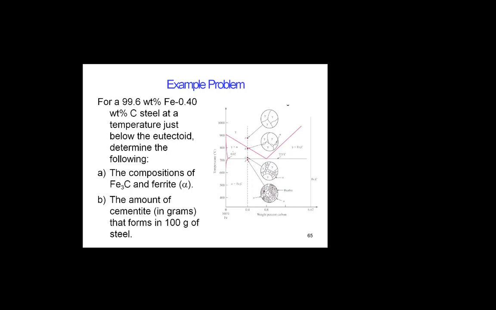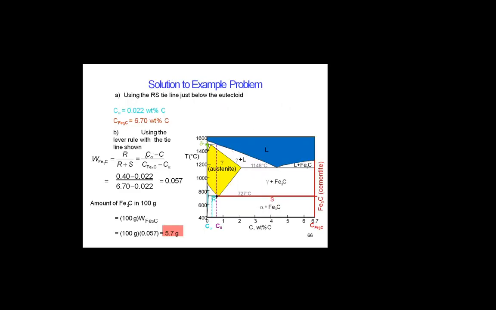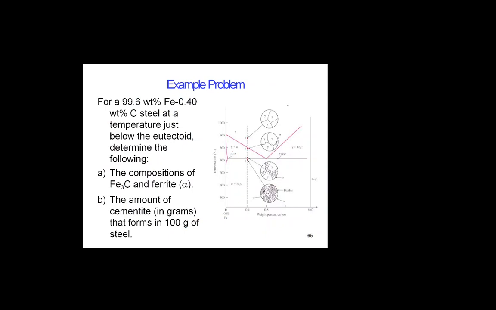And there is one question, a particular problem we can solve to understand the basics of this. For a steel of 99.6 weight percent iron and 0.4 weight percent carbon, at a temperature just below the eutectoid, we need to find the composition of Fe3C and the ferrite alpha, and the amount of cementite.